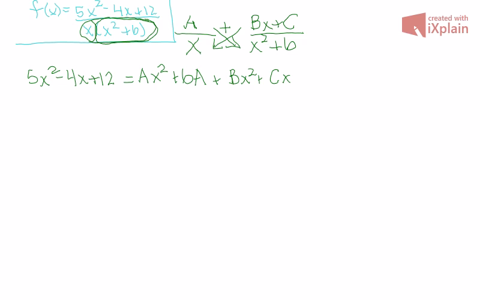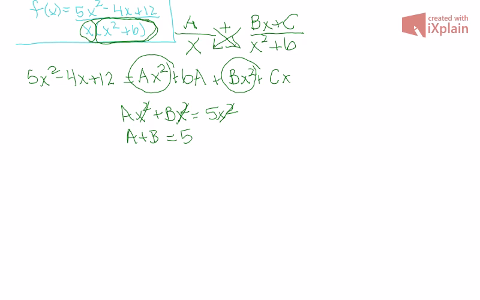All right, to solve from there, we can start by combining like terms. So we know that Ax squared plus Bx squared is going to be equal to 5x squared. We can just cancel out these x squareds, and now we know that A plus B equals 5.